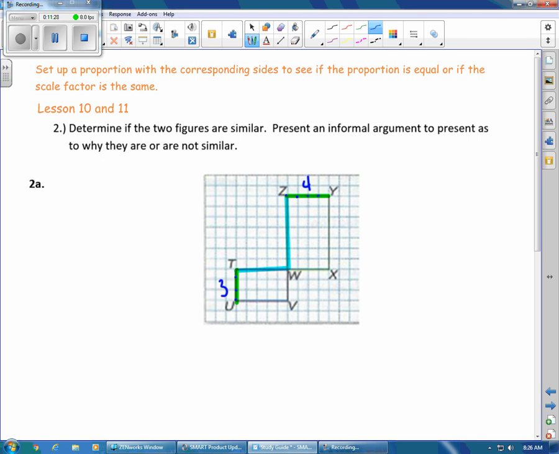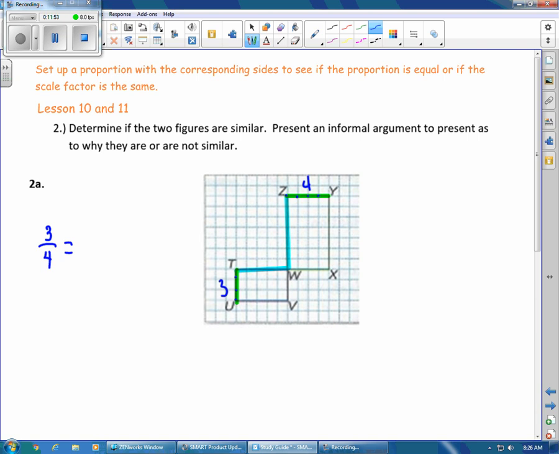If I put the big shape on top, I've got to make sure when I'm checking the next ratio that I also have the big shape on top, or the big shape on the bottom. If there's a prime sign, I put the prime on top, the one without a prime on the bottom. Since there's no prime sign here, I'm just going to put the little one on top, so 3 over 4.